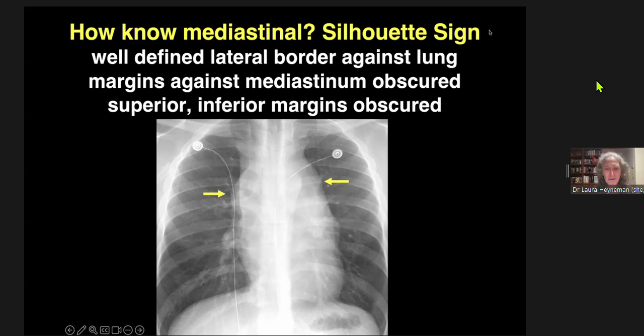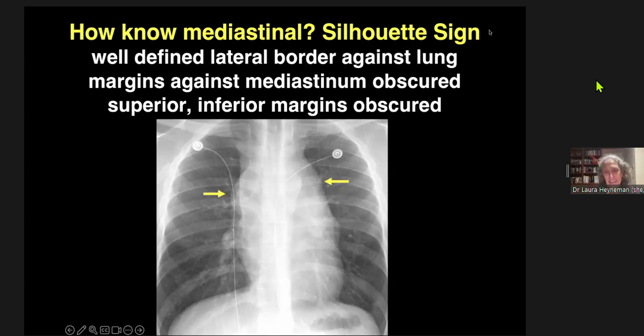How do I know that this homogeneous opacity that is lying midline on the chest radiograph is a mediastinal pathology? It's a mediastinal lesion. How do I know that it's not something, for example, sitting on top of their mid chest wall? Well, we use the silhouette sign. That is, in using the silhouette sign, it places this mass within the thorax and within the mediastinum.